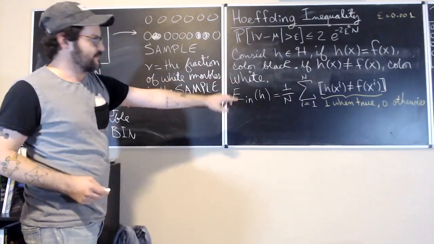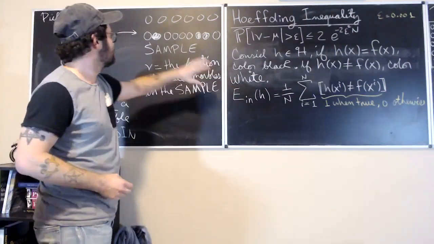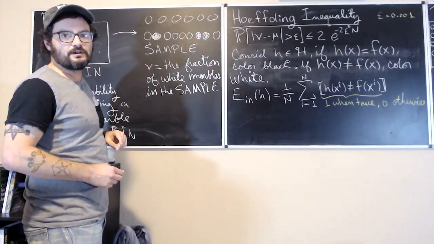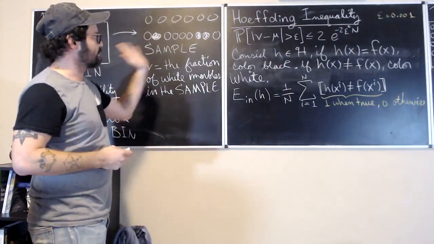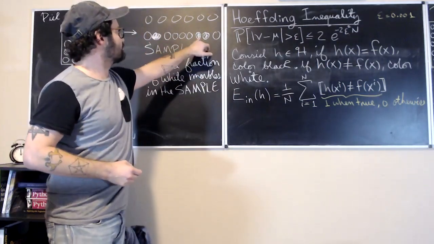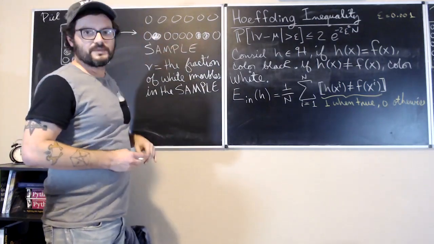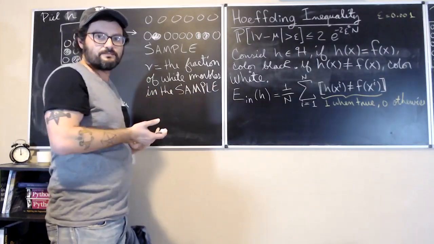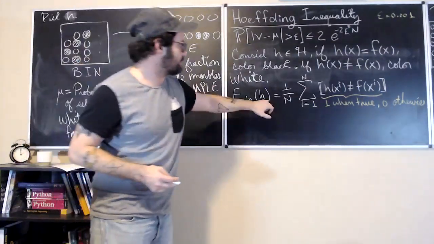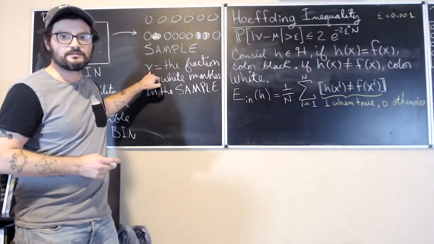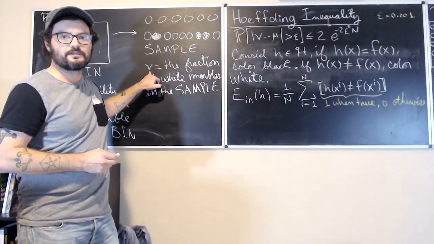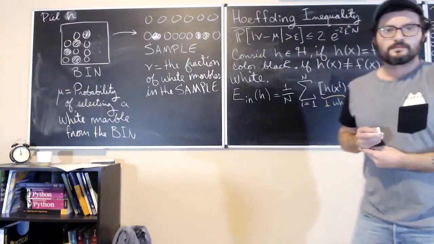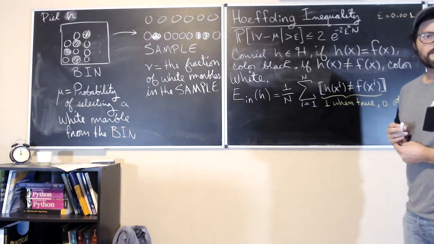The in-sample error here is the same thing as the ratio of white colored marbles to the collection. There's n total marbles, there's white, right? And white is when our hypothesis isn't what it should be. So do you see that this is the same thing as that? Does that make sense? We good? No?